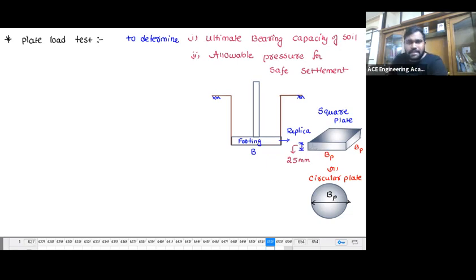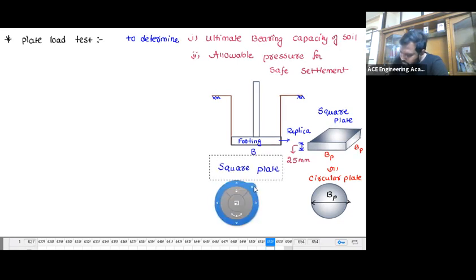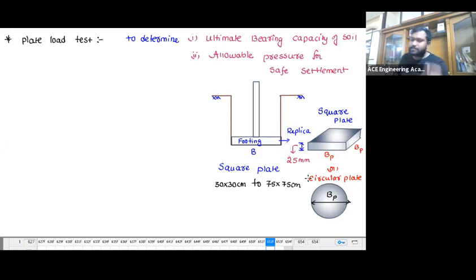So what would be the sizes, sir? The sizes for a square plate are 30 by 30 centimeters to 75 by 75 centimeters.